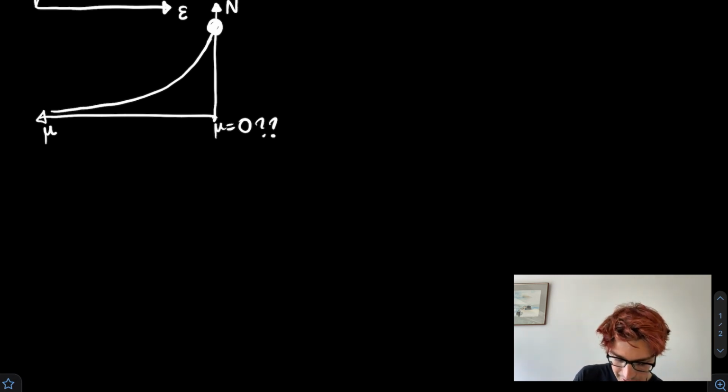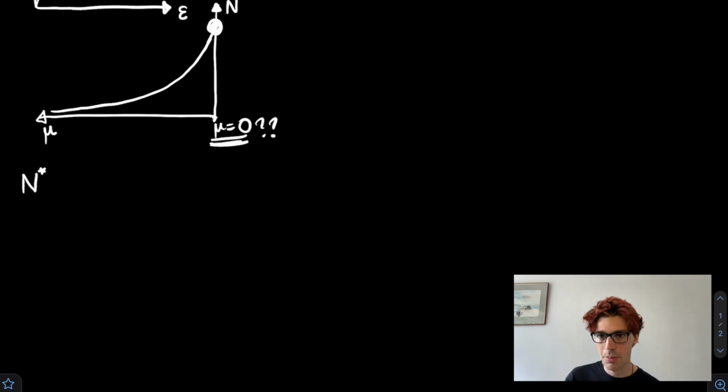Just to signify that this is a different quantity, I'm going to call it n star. Now n before, for comparison, was the total number of particles in a box as a function of chemical potential and temperature, but now we're fixing the chemical potential equal to zero. So let's rewrite what we wrote.